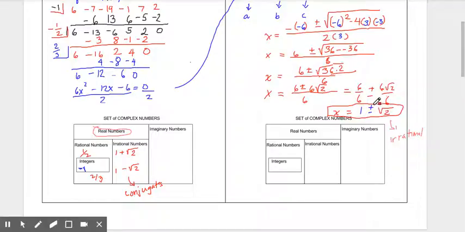And so our final answer will always have the plus and minus. So that means that if we have an irrational zero, they always come in pairs. They always are conjugates of each other. So if we're going to say that 1 minus square root of 2 is a zero of g of x, it follows that the conjugate 1 plus square root of 2 is also a zero of g of x.